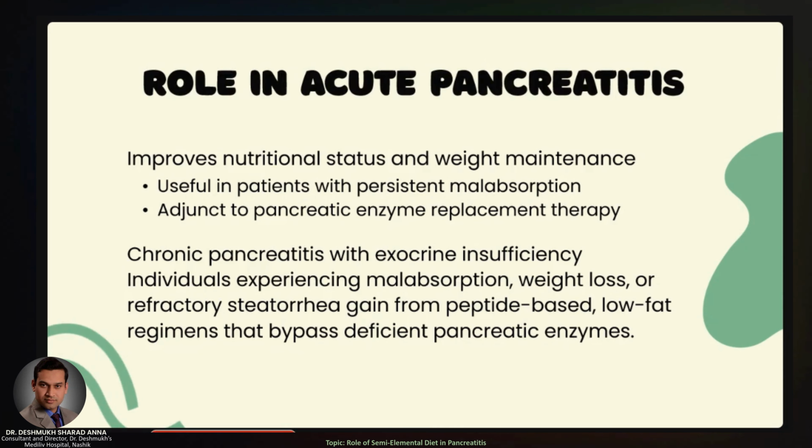In chronic pancreatitis with exocrine insufficiency, meaning the patient is having steatorrhea, that is fat malabsorption, with weight loss and refractory steatorrhea, they will improve with a peptide-based low fat regimen that bypasses the deficient pancreatic enzyme. So in both cases, acute pancreatitis and chronic pancreatitis, this has a role.